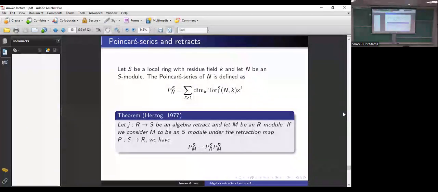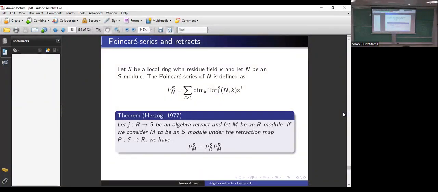Then the Poincare series of N is defined as this. This is a standard Poincare series description, or you can take it as a Hilbert series. Then there is an important theorem by Herzog in 1977, I believe in his PhD thesis.